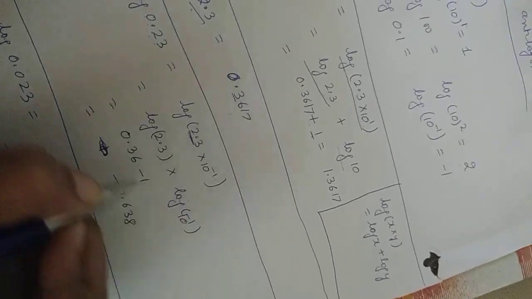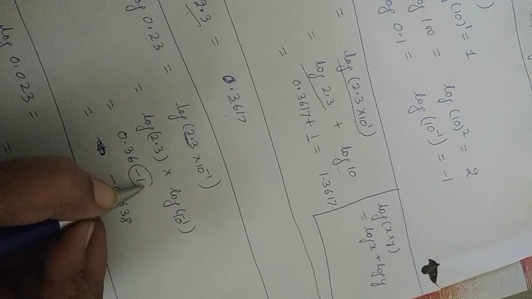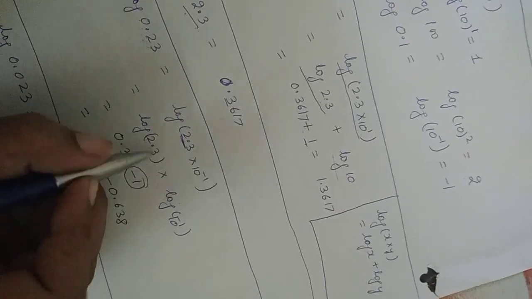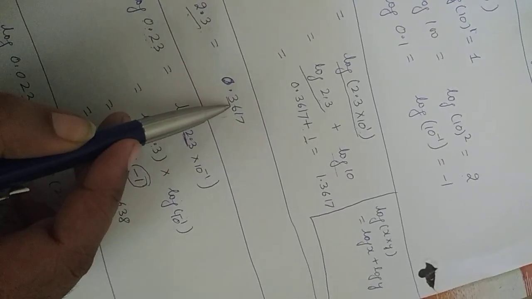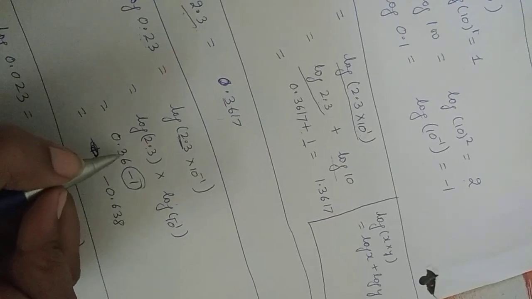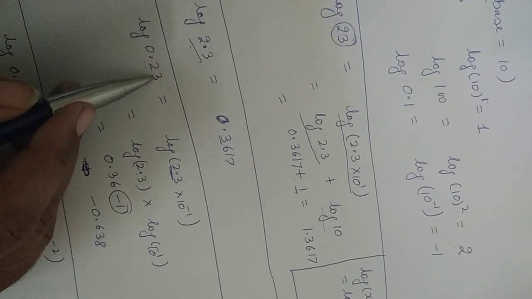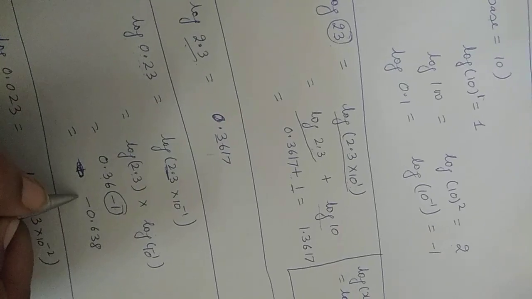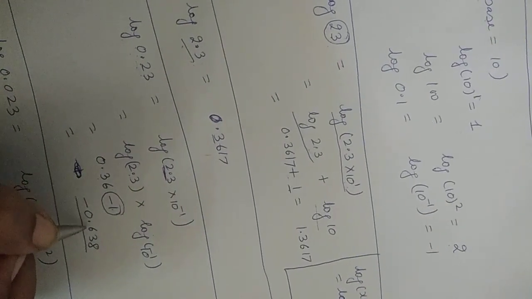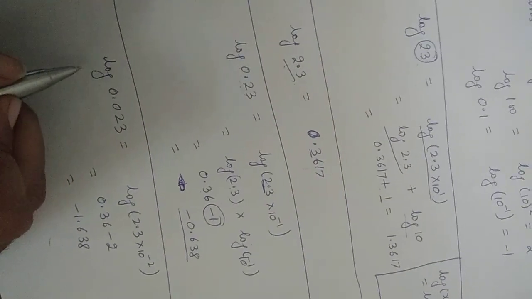Log of 10 raised to the power minus 1, I already know, is minus 1. And log 2.3 I have already seen from the table: it is 0.3617. So the actual answer for log of 0.23 will be minus 0.638.